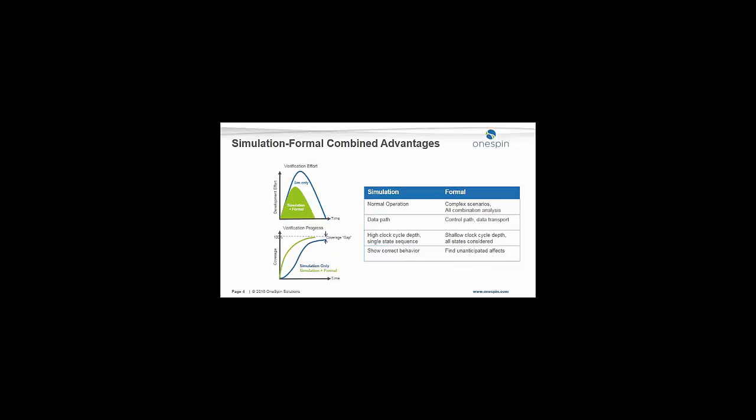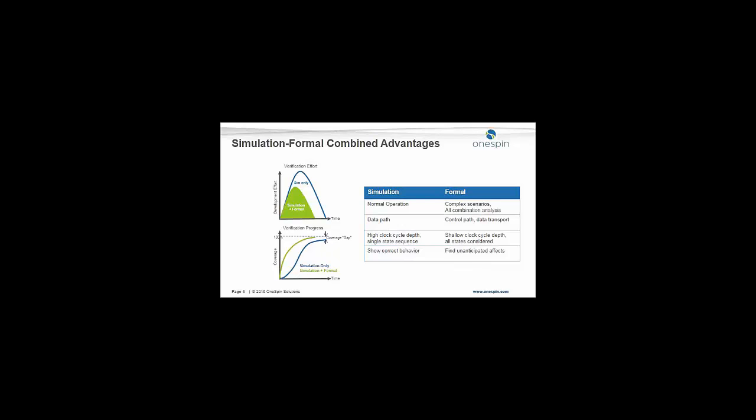The limitations are that with simulation, because you're only looking at a single state sequence, you can go to an arbitrary clock cycle depth. You can clock the thing for thousands of cycles to no detriment. With formal, of course, it prefers much shallower clock cycle depths, because the deeper you go, the more state space you have to explore.